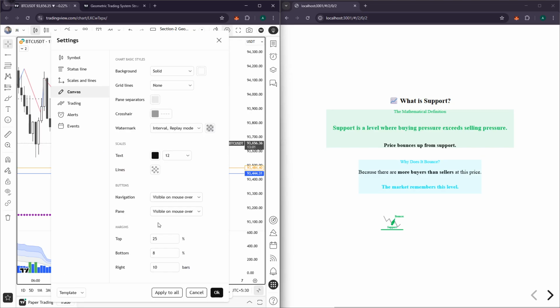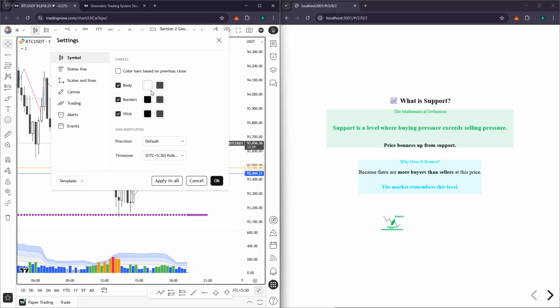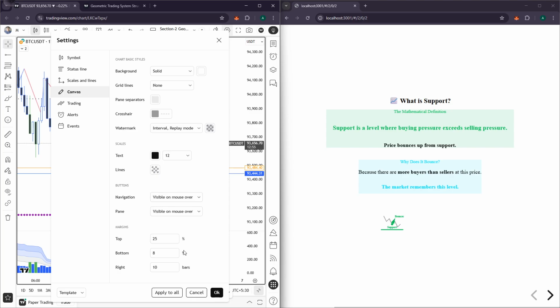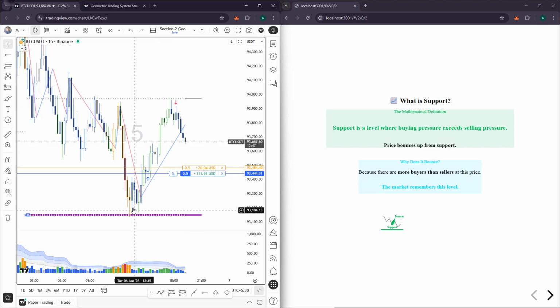So I'll disable it and show you what I mean. On the canvas I'll add it to 50, and let's do 25 for now. You can see the color of the volume is matching the color of the candle. I call it volume candles.